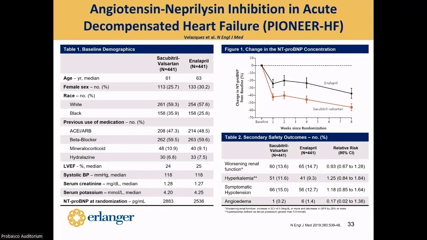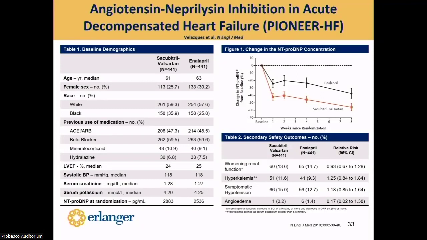Here you can see our baseline demographics for what these patients looked like. They were on average around 60 years old. Approximately 60% of them were on a beta blocker, 48% of them were on an ACE inhibitor or an ARB, and about 10% of them were on a mineralocorticoid receptor antagonist such as spironolactone. Their ejection fractions were on average around 24%, and their serum creatinine and potassium were within normal limits. To the right, you can see in figure 1 the changes that were seen in their NT-proBNP concentration.